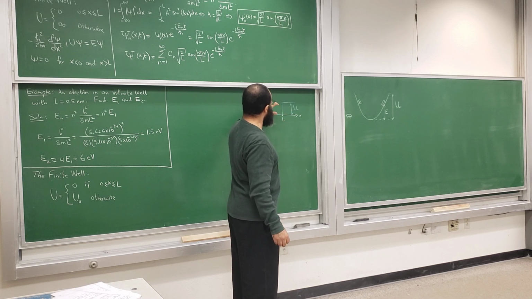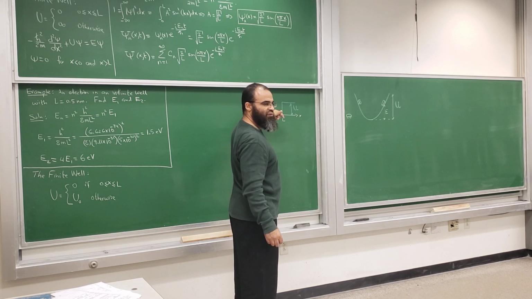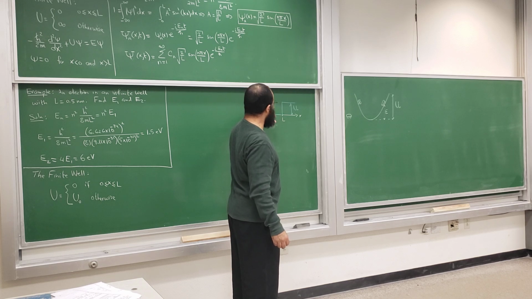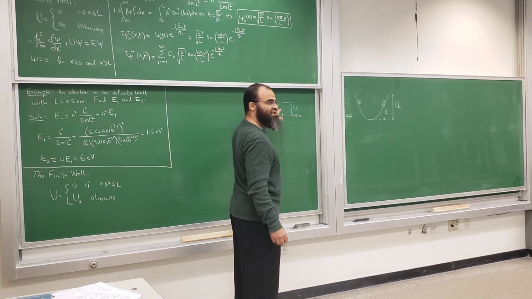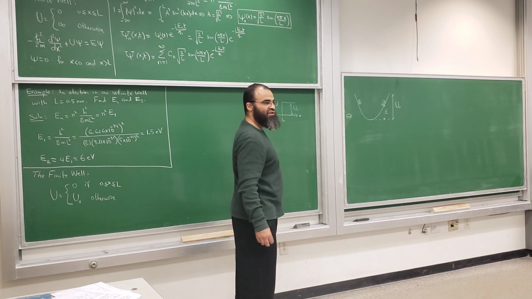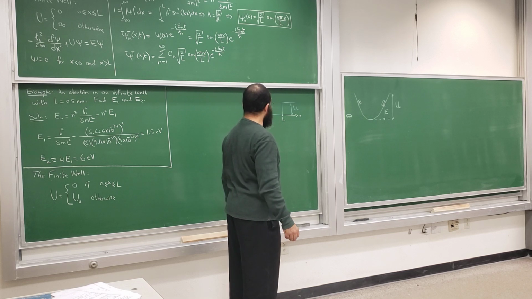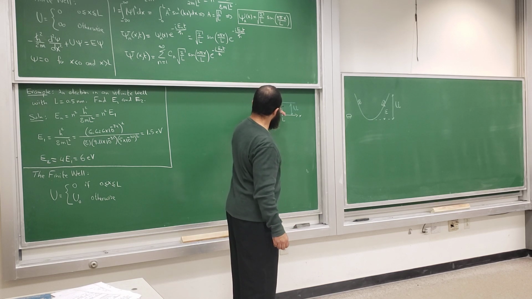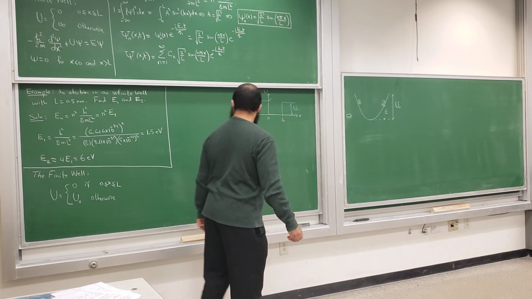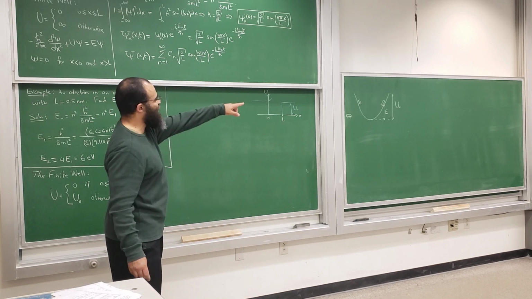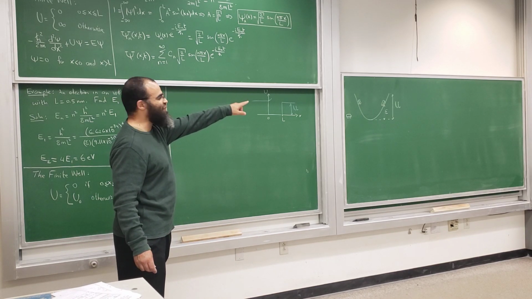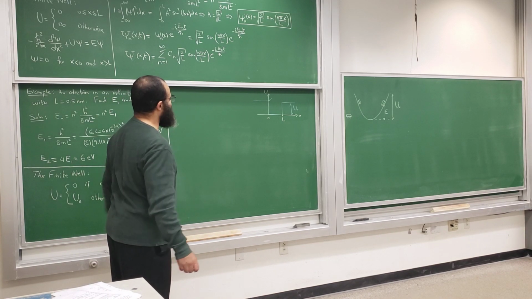In fact, when we do the barrier, that's when it would be more appropriate to talk about that. In this case, we're just looking for the bound states, the bound state energies. So we're interested, what are the energy levels? Yeah, sorry, for that one, forget it. When we get to the barrier, I was thinking ahead of myself.